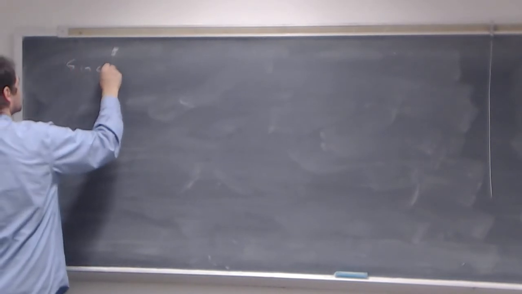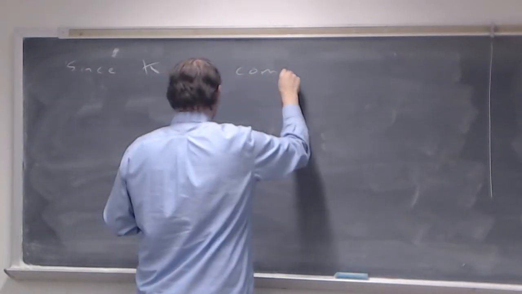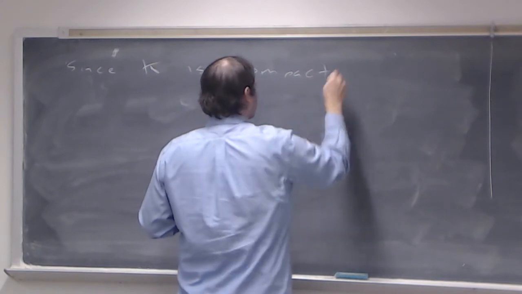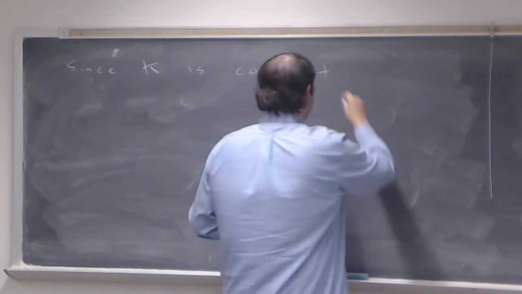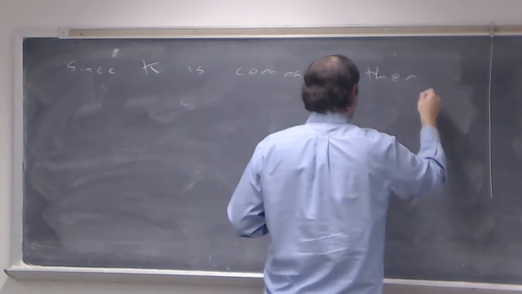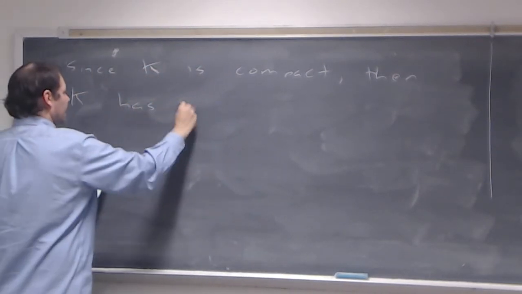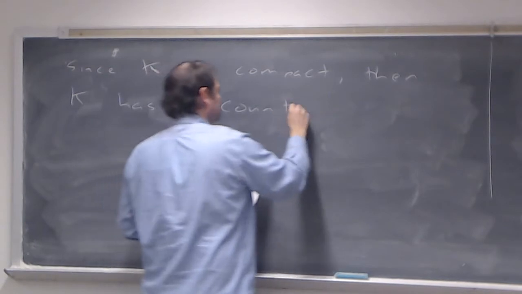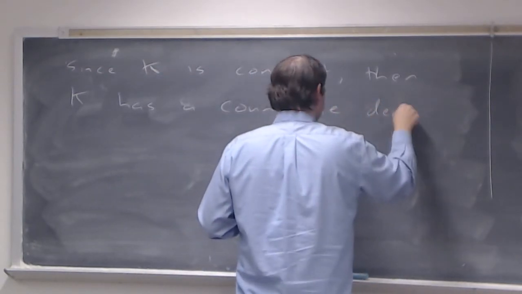This is going to be done because we're going to start off with K being compact. So since K is compact, I'm about to write down a fact that we haven't proven but it's true. And really, it's a homework assignment in the book, but we're not going to be assigned it. Then K has a countable dense subset.